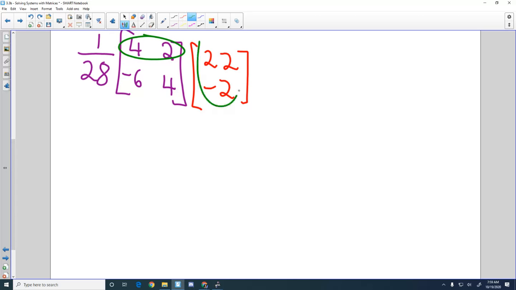When we multiply matrices, just take the row times the column. 4 times 22 is 88, plus 2 times negative 2 is negative 4. That gives us 84.